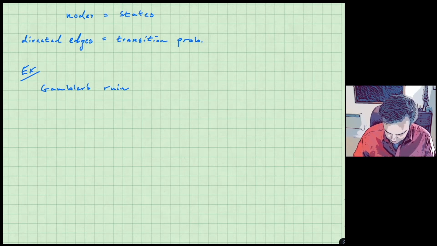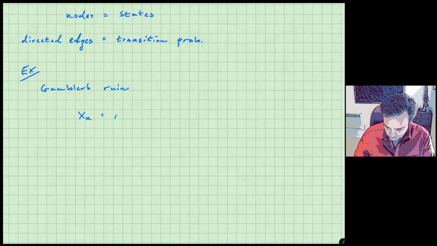The chain is made up of X sub n, which is equal to the number of tokens, player A's tokens, after game n.